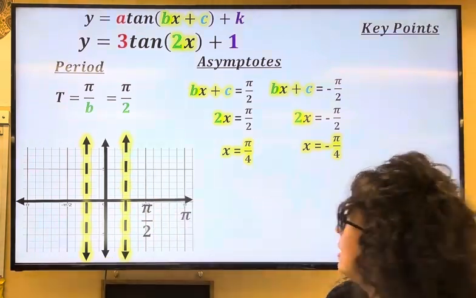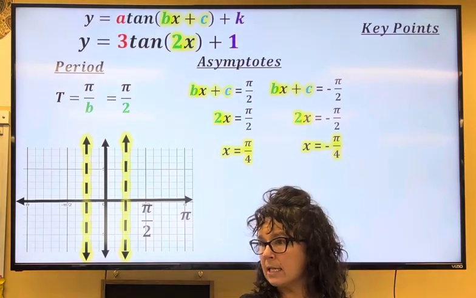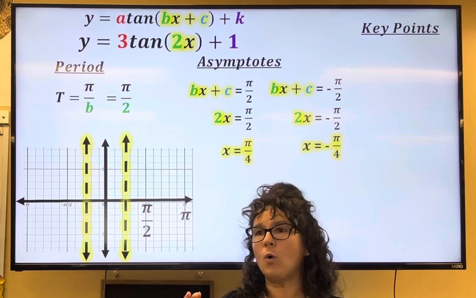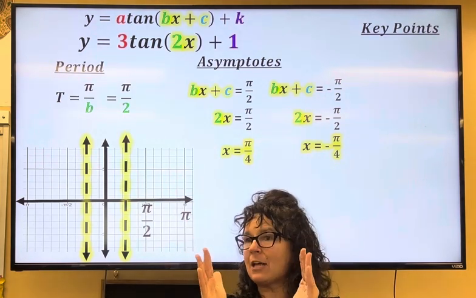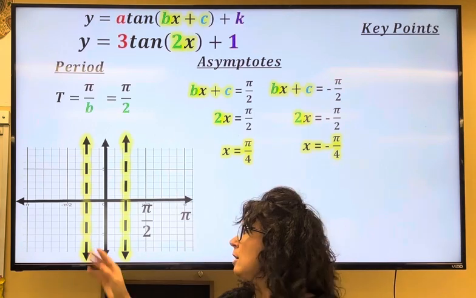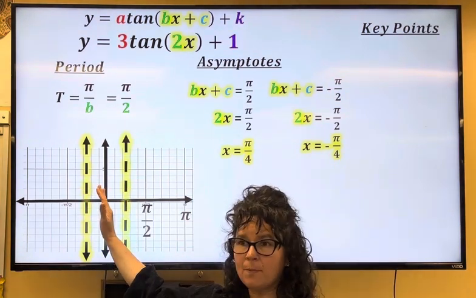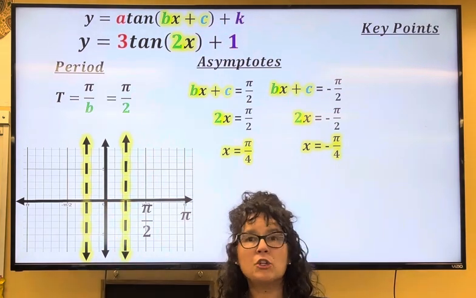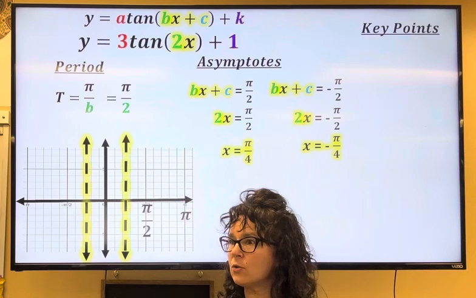But what else we need to figure out is the most important point, and that key point when it comes to tangents is exactly in the center of the two asymptotes. Now you can tell visually that the center of this is at 0, but let's say that the two asymptotes you found weren't as obvious as these two.